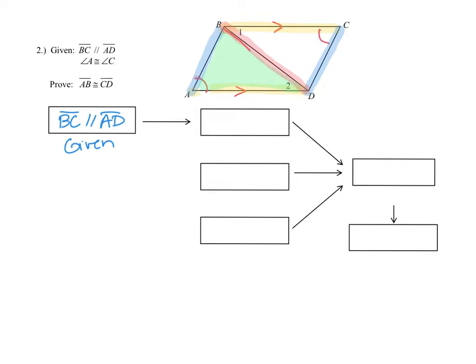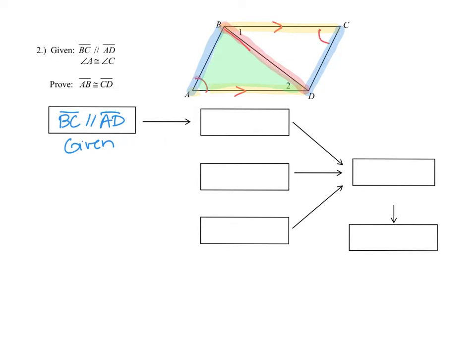Okay, when parallel lines are cut by a transversal, remember, alternate interior angles, angle 1 and angle 2, are on alternating sides of the red transversal and on the interior of the two parallel lines. So when parallel lines are cut by a transversal, alternate interior angles are congruent. So what flows from the fact that I have parallel lines?